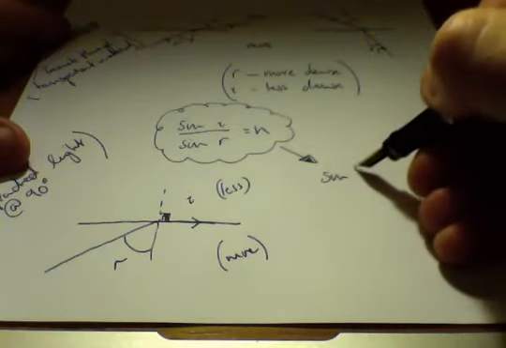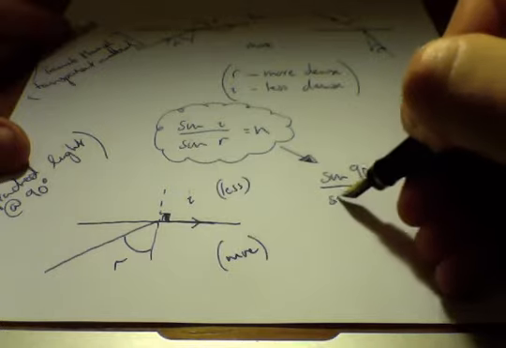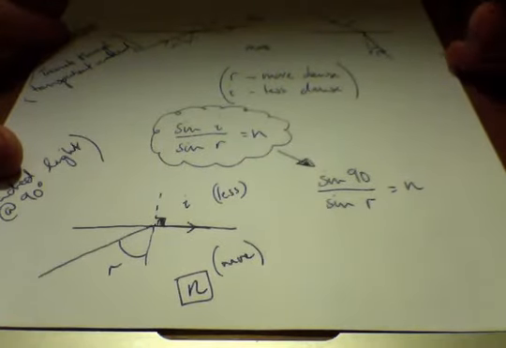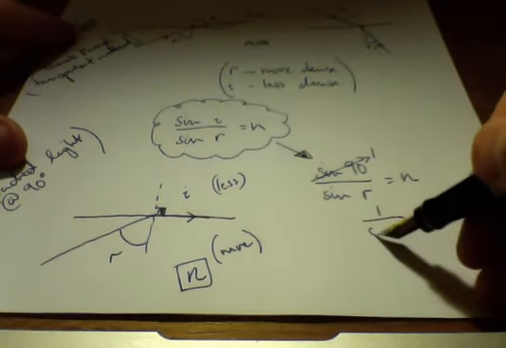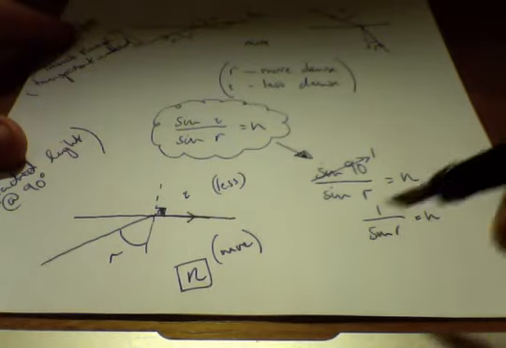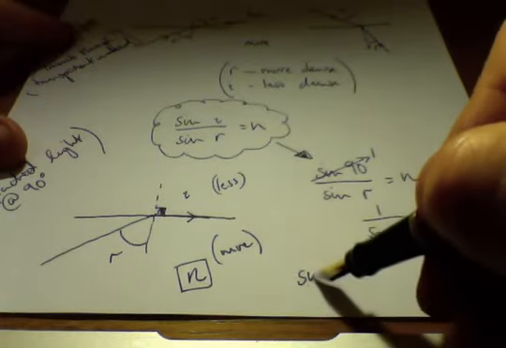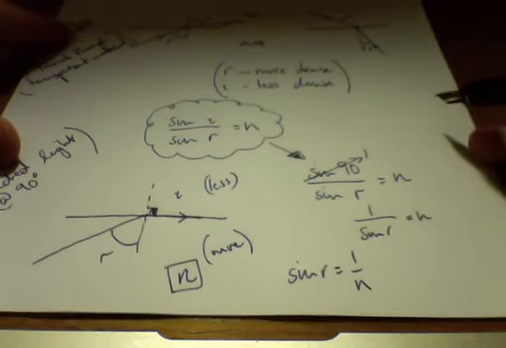Now this equation changes slightly because, of course, remembering I is less dense, R is more dense, our situation turns to sine of 90 divided by sine R is N. Well, N is the refractive index of the more dense material. Now sine of 90 turns to 1. So what we're left with is 1 over sine R gives us N, or even sine R is 1 over N.